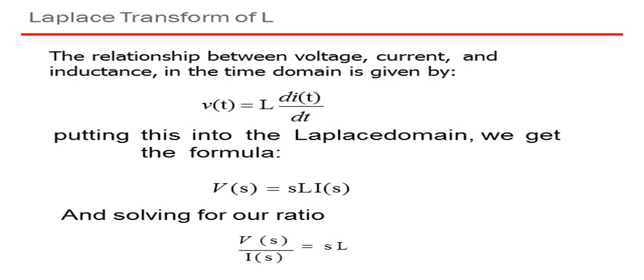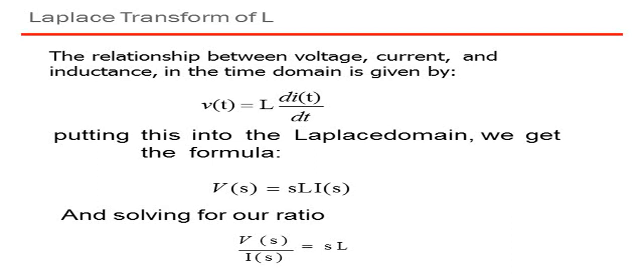Laplace transform of inductor. As we know, the relationship between voltage, current and inductance in the time domain is given by v(t) = L di(t)/dt. Putting this into the Laplace domain, we get V(s) = sL I(s), since L is constant.